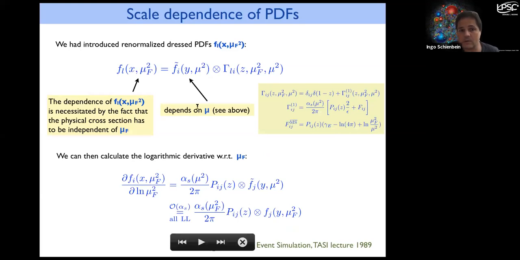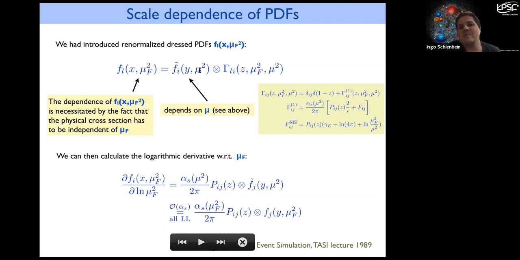Then we also have differential equations for the PDFs, again renormalization group equations, known as the Altarelli-Parisi evolution equations. One way to derive them is via this mass factorization procedure. I said before that the PDF is given by the bare PDF, even if this notion of a bare PDF is something one should avoid in a more complex formalism, but operationally it works to get the right equations.